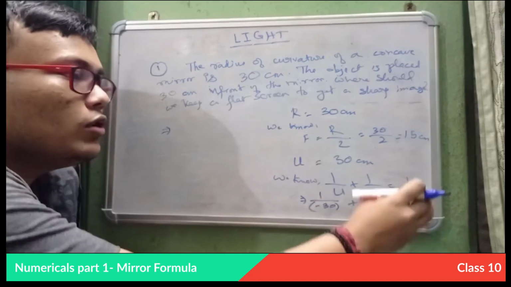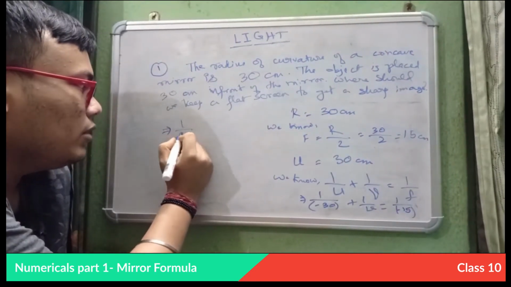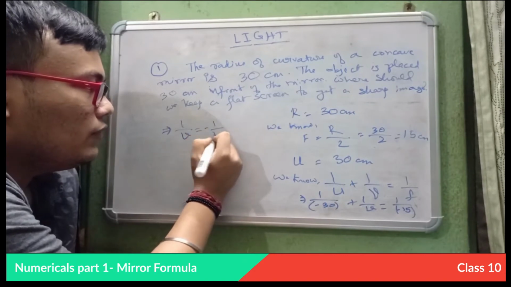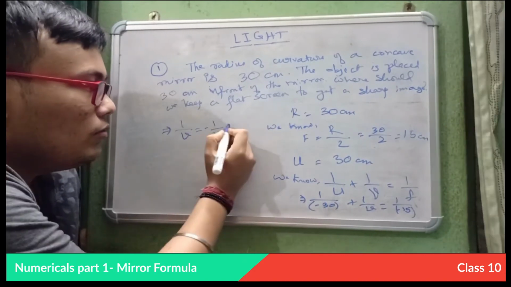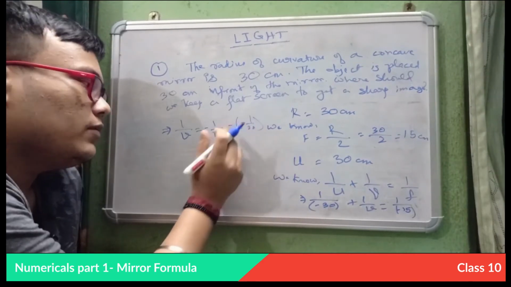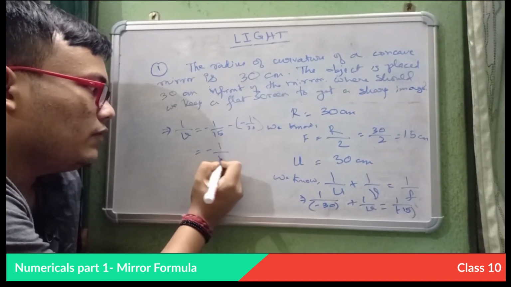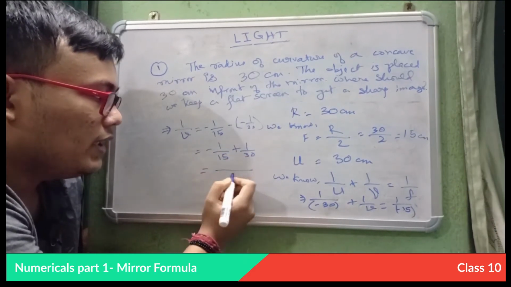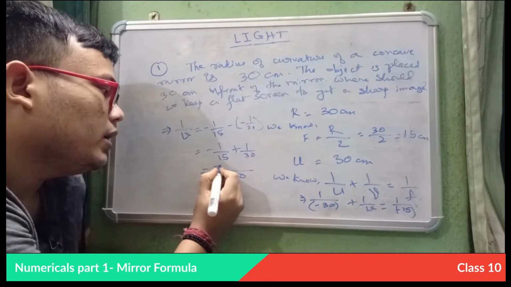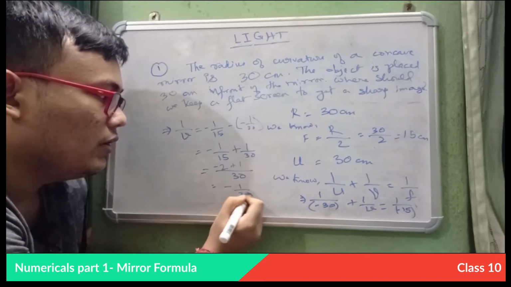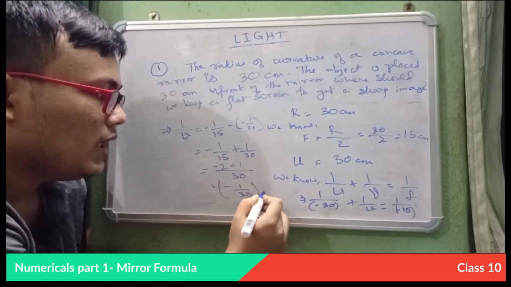If I take this to the right hand side, 1 by v equals minus 1 by 15 minus of minus 1 by 30, so minus 1 by 15 plus 1 by 30. Taking LCM, that is minus 2 plus 1, that is minus 1 by 30. This is the answer we get.